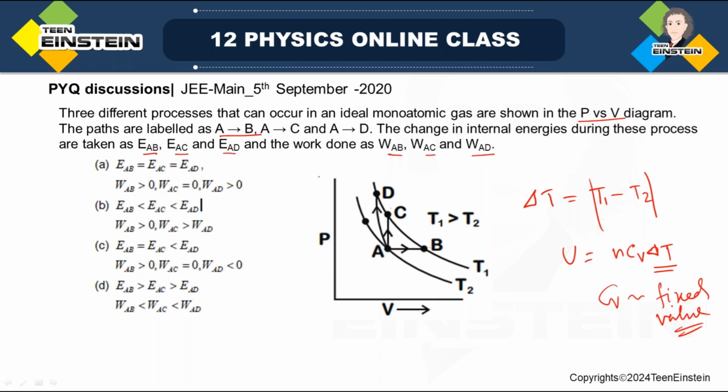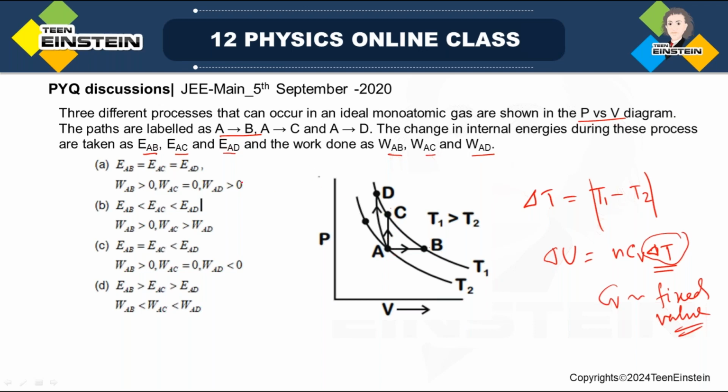So once it has a fixed value, the only thing which changes the internal energy is the change in the temperature. Since the change in temperature is the same wherever it goes, whether it goes from A to B, A to C, or A to D, the change in the internal energy is the same.